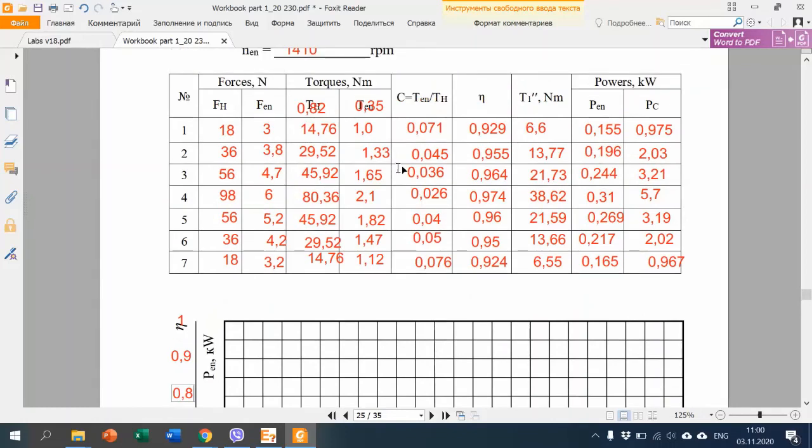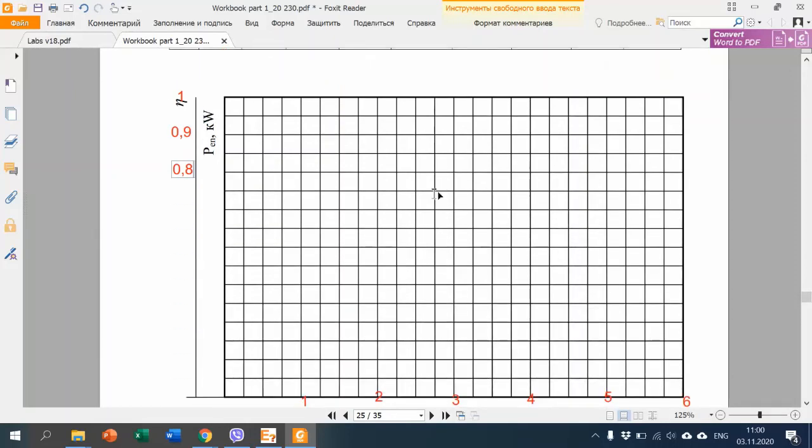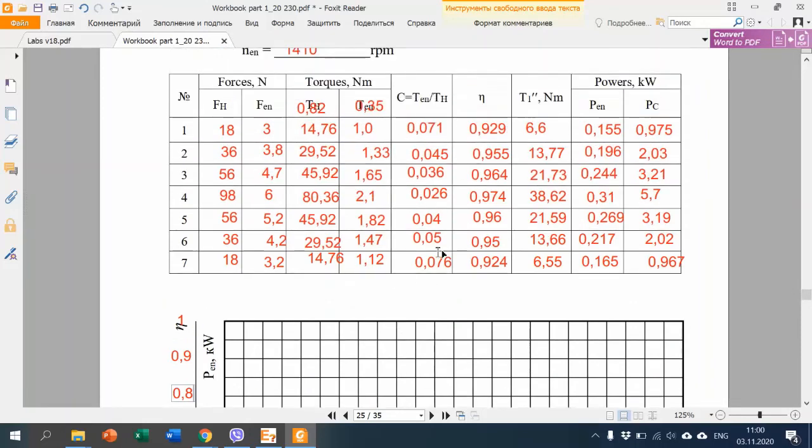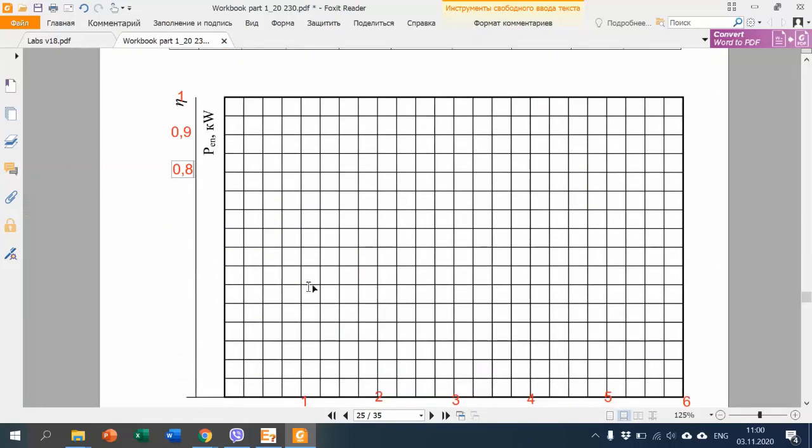Because the lowest value of efficiency is 0.93, and power first approximately 1.93. It's 0.95, 0.93, it's here.